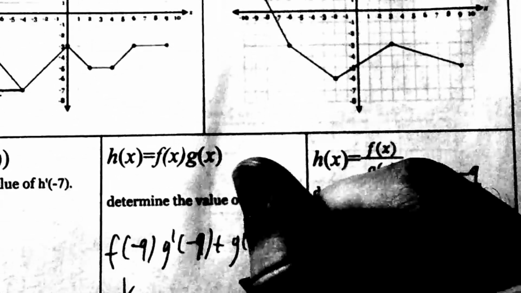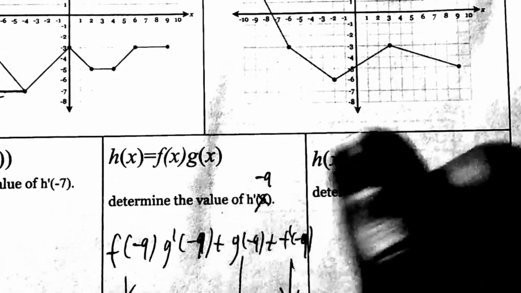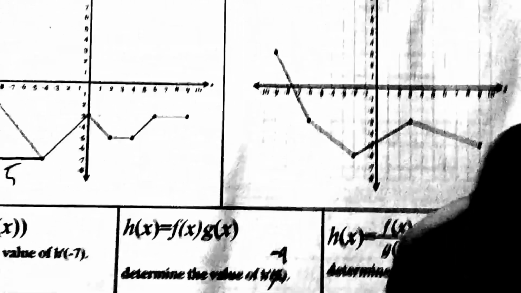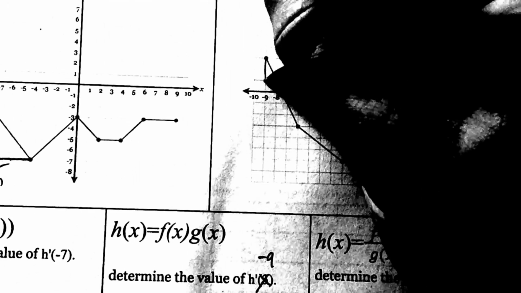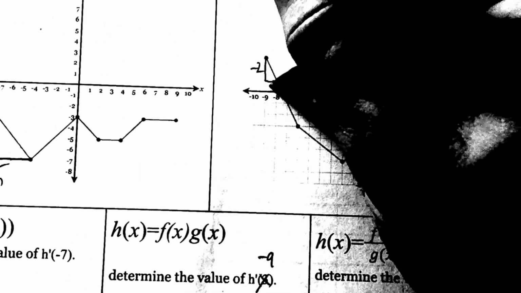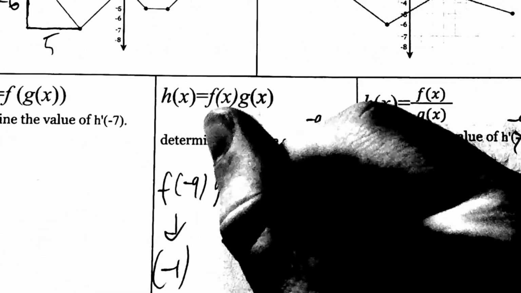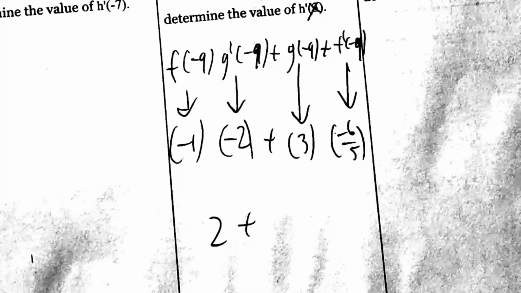So g of negative 9 is 3. So this would be a 3 here. And then the derivative of g at negative 9 is negative 2. So it's negative 2 and over 1. So that's negative 2 here. So now we multiply. That's 2 plus 3 times negative 6 over 5.